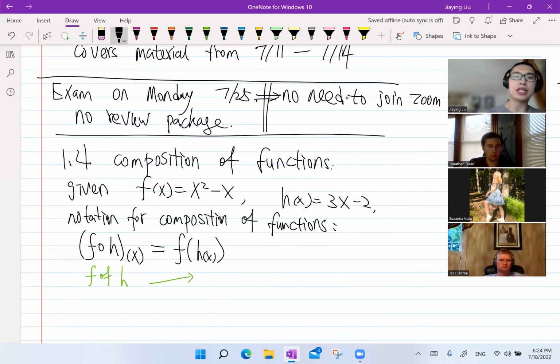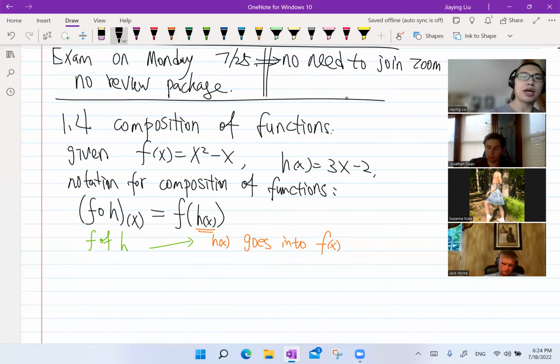So what that means is that the h is going to be the expression to replace x. So the h of x goes into f of x. And if we want to find it, we literally just take the h of x as the expression, 3x minus 2.